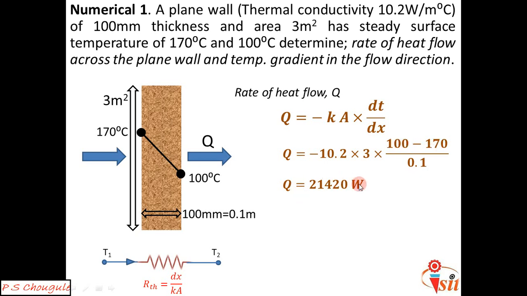So the answer is in watt. You may write it as 21.42 kilowatt. This is the first part, to find out the heat flow across the plane wall.